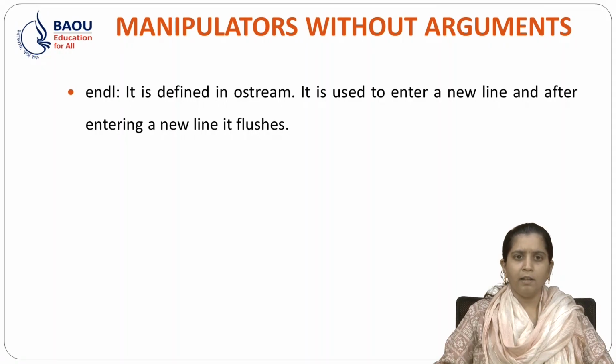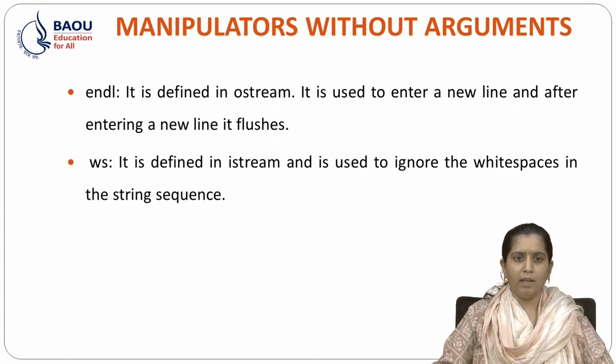So, let us see manipulators without arguments. Endl, it is defined in ostream. It is used to enter a new line, and after entering a new line it flushes. ws, it is defined in istream and is used to ignore the white space in a string sequence.